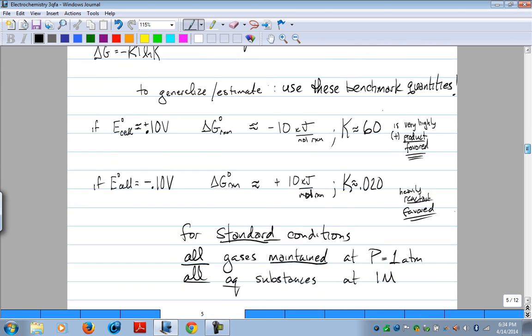More importantly, it's good to know some general estimates or benchmarks. When you have a standard cell potential difference of around 0.10 volts, that's going to give you a delta G standard that's negative naturally, both indicating spontaneous standard processes or reactions.